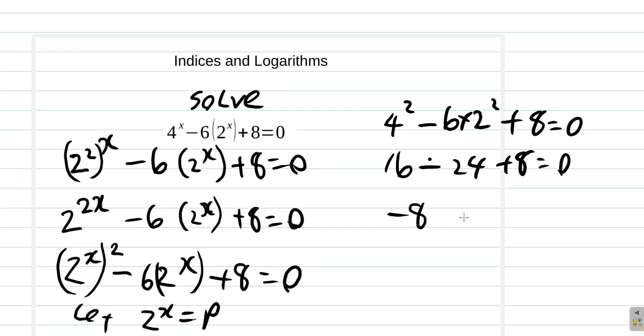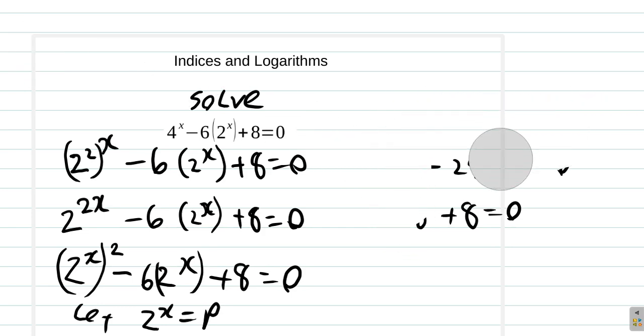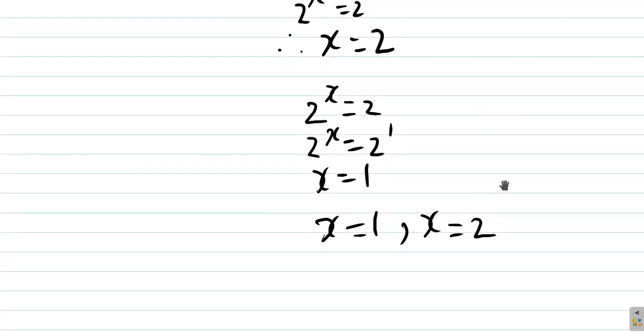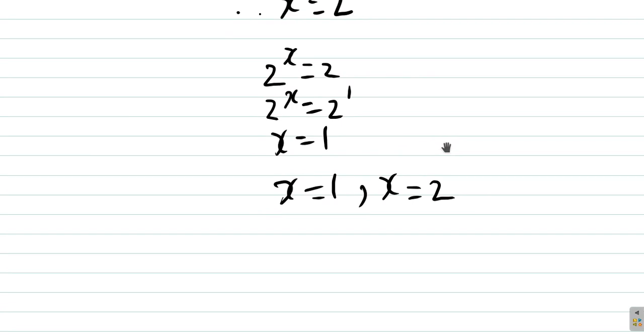So negative 8 plus 8 equals 0. Alright, so we prove that those answers are correct. So answers, x equals 1, x equals 2. So those would be the answers to this question.